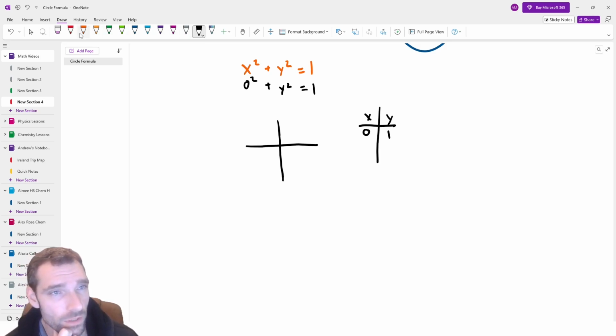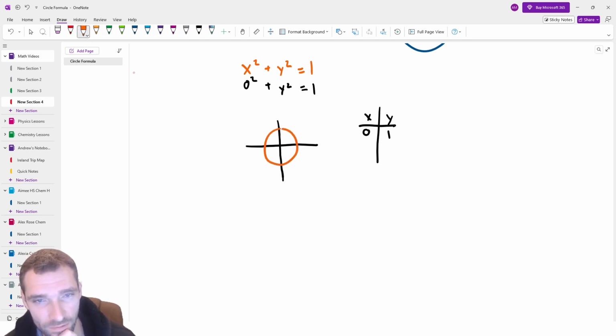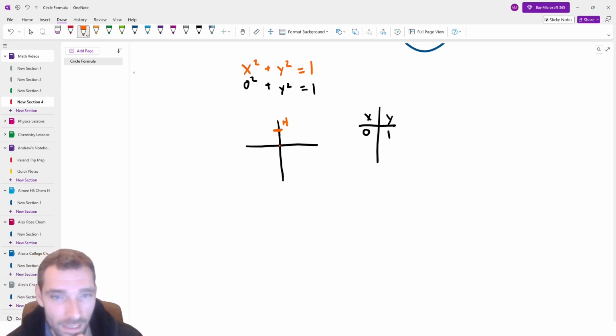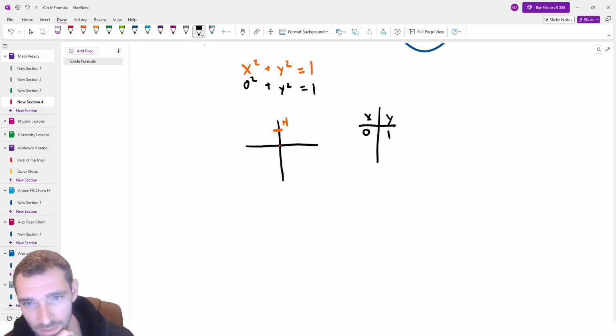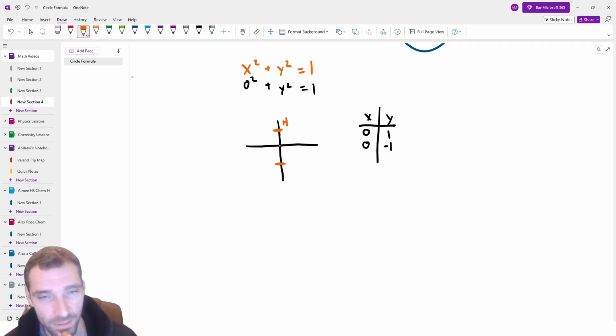Now, if you're familiar with the circle formula, you should recognize that this circle is going around the origin, but for right now, you can see that if I say x is 0, then y could be positive 1. There's another value for y that could work. If x is 0, y could be minus 1. That's another acceptable value that solves this formula.